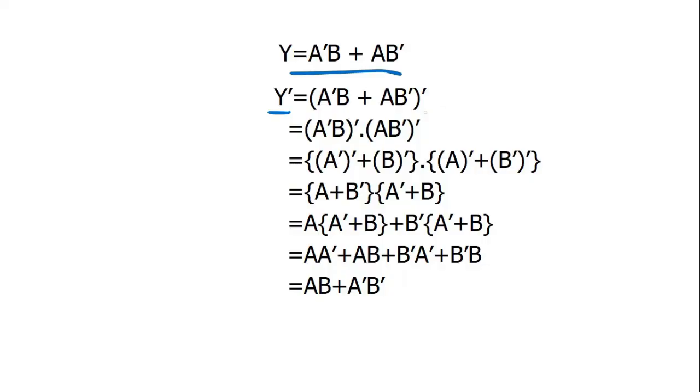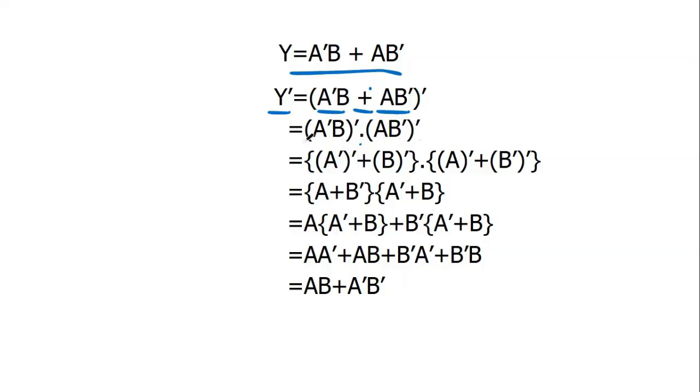Now here we apply De Morgan's theorem. And according to that, we apply the complement to each of these terms and replace the OR operator with the AND operator. So we get (A bar B) the whole complement dot (A B bar) the whole complement.